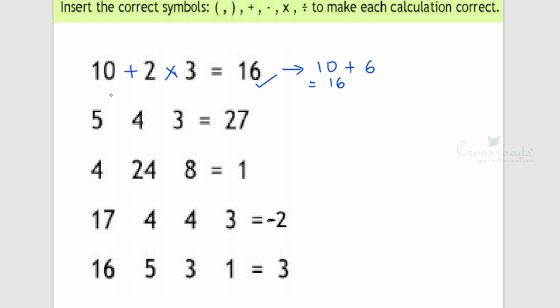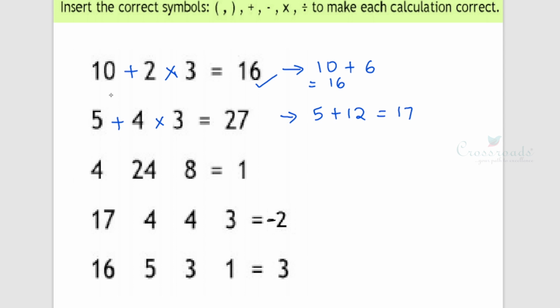Coming to next, it says 5, 4, 3 and then 27. In this case, where do we put our operators? Suppose if I'm going to put here plus and here multiplication sign. So what's going to happen? It's going to say 5 plus 12.